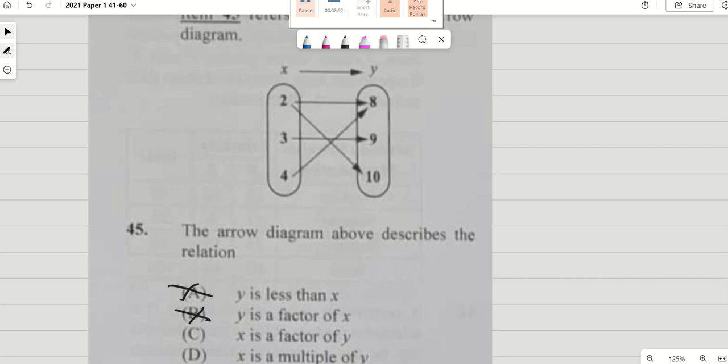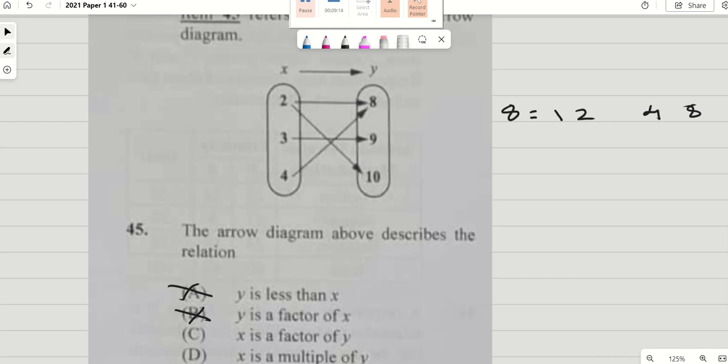Is x a factor of y? Is 2 a factor of 8? Yes. If you look at factors of 8, it would have been 1 and 8, 2 and 4, and that's it. So x, 2 is a factor of 8. Y is not a factor of 8.